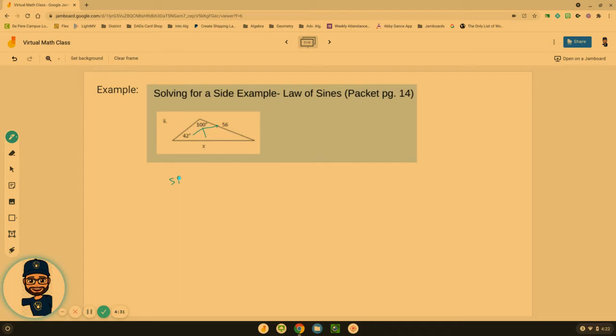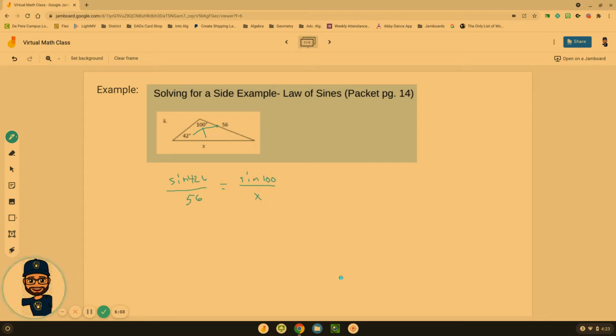The sine of 42 over its side, 56, equals the sine of 100 over X. The sine of the angle over its side equals the sine of the angle over its side.